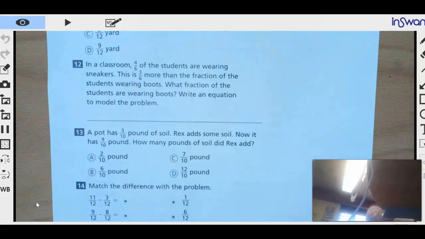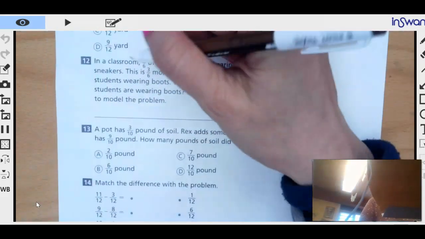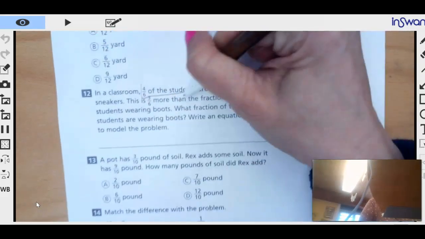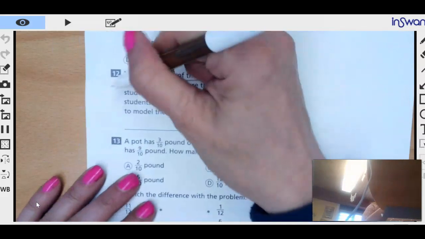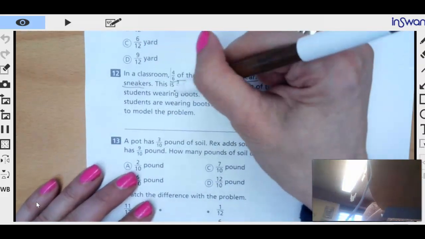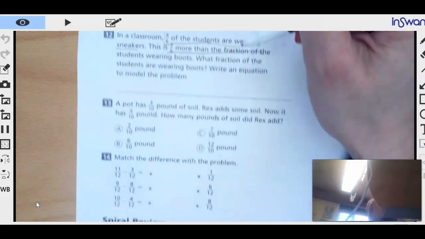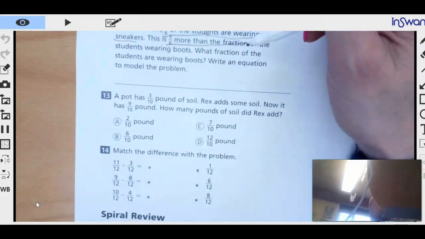Well, we're not going to multiply. We're not going to add. Okay, so what we're going to be doing is we need to figure out, we're using this information, right? 4/6 of the students are wearing sneakers, and then we're going to say that is 3/6 more than the fraction of students wearing boots.